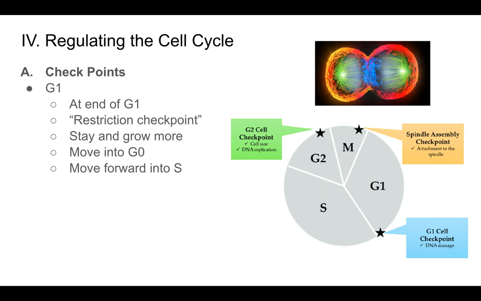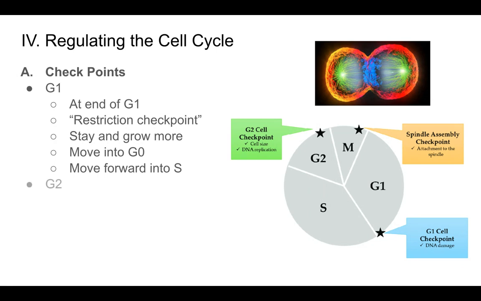If the answer is yes, we've done everything we're supposed to, and we are the kind of cell that should move forward, we move on into S. If we are not, we can stay there and try again. And again, this is also the point at which you can move into G0 if you are a cell that moves into G0.